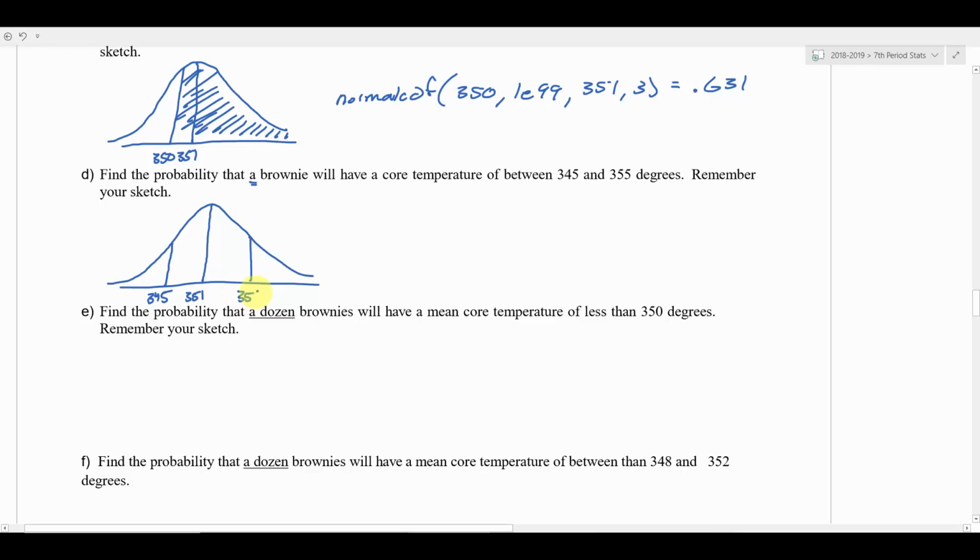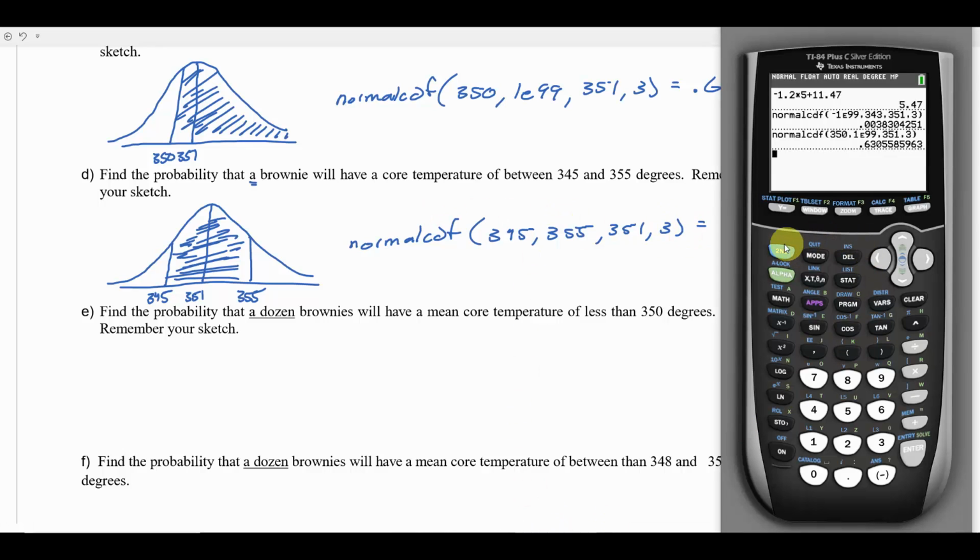We want to be in between those, so we're going to shade everything in between those two values. There we go, and we'll do a normal CDF: 345, comma, 355, comma, 351, comma, 3. So that is our calculator input.